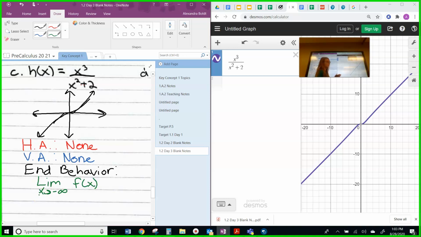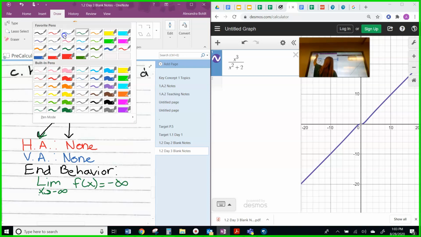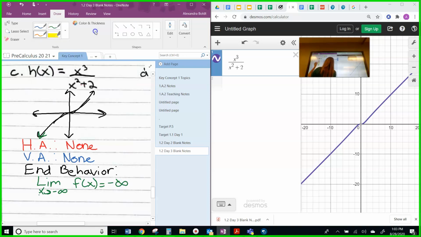X going towards negative infinity is the left side of our graph. So my arrow on the left is going left, but it's also going down. Same thing with our other side, the limit as x approaches infinity. What's happening on our right? Well, with this arrow, it's going up forever.